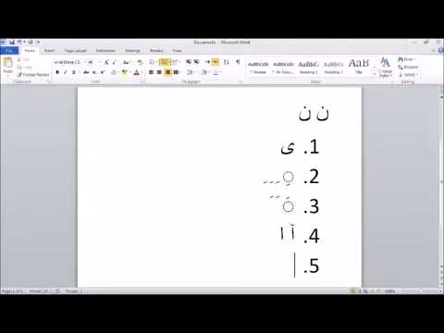Number 5, we don't have a symbol for that. We have a sign, and the sign is like a kind of apostrophe. Not like this, the apostrophe like this. Even not this one. So it's like a comma.